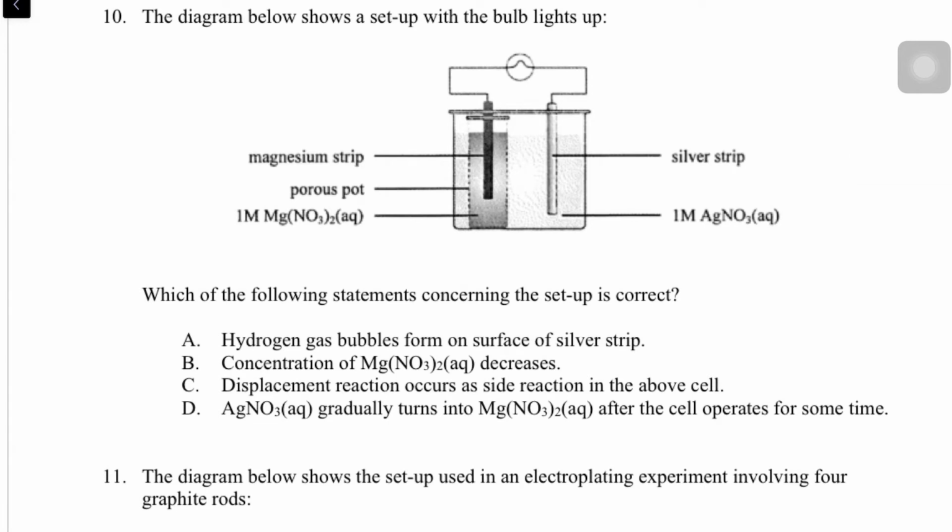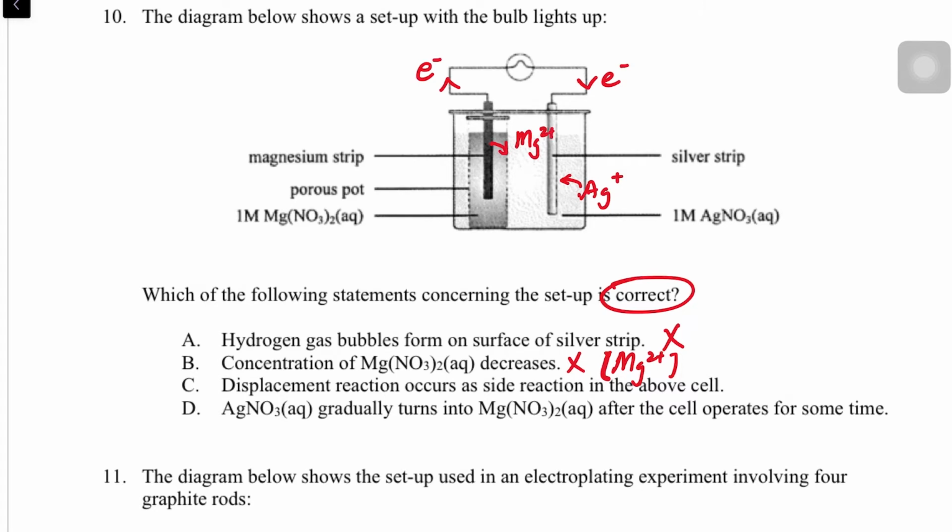Question 10. First of all, we mark down the flow of electrons. So this one should be correct. Hydrogen gas forms, no, because the silver ion may approach instead of the hydrogen ion. So silver metal will form instead of hydrogen gas. The second one, concentration of magnesium decreases, no, because magnesium metal gives out magnesium ion.